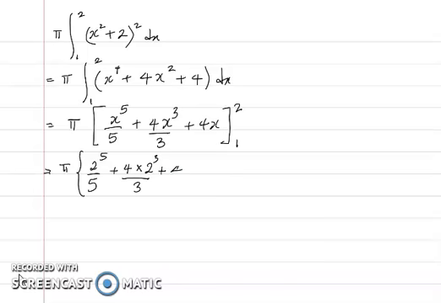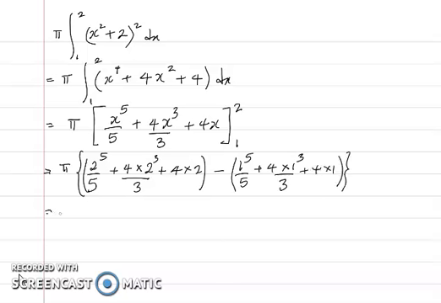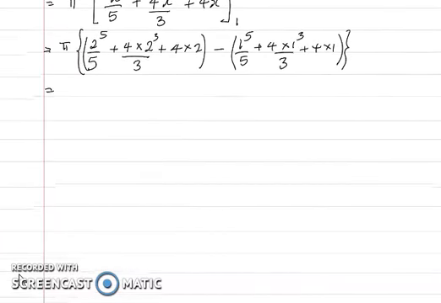So I replace x with 2, minus, I'm going to replace x with 1. So it's 1 to the 5th power over 5 plus 4 times 1 to the 3rd power over 3 plus 4 times 1. And next I just simply need to work this out and try not to make errors.